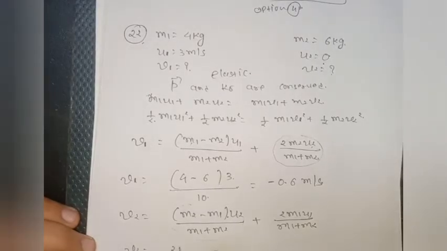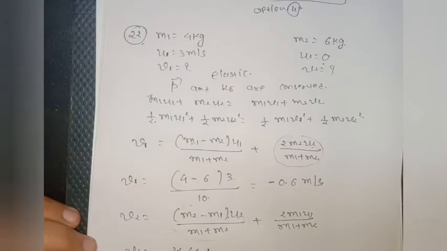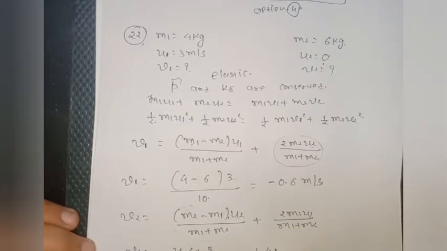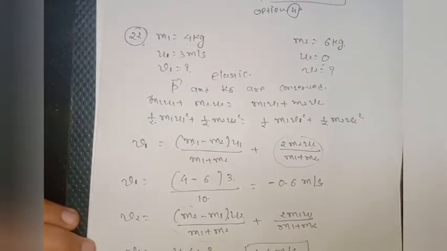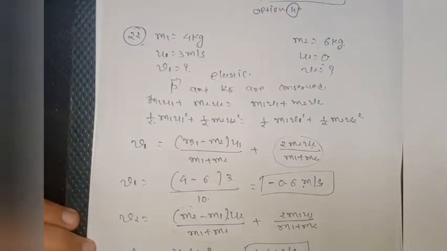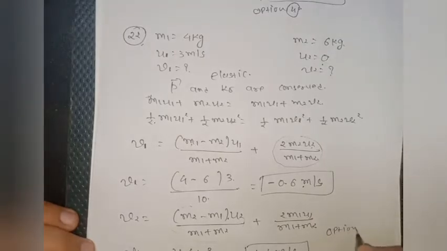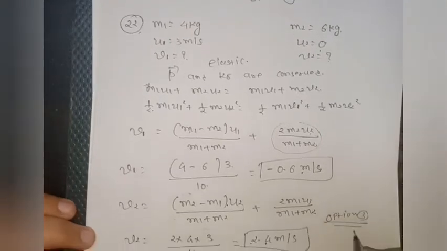Put the values. 2 into m1 is 4 into u1 is 3 divided by total mass 10. This will give us the answer 2.4 meter per second. So v1 will be 0.6 meter per second and v2 will be 2.4 meter per second. So option 3 is the correct option.